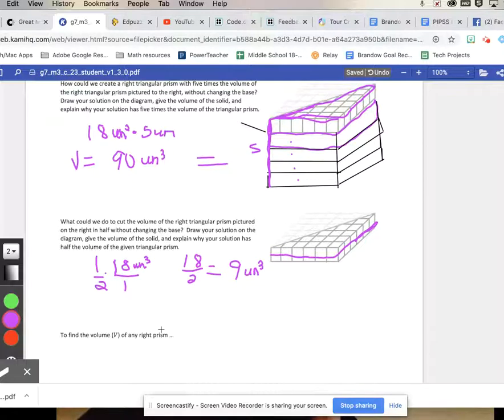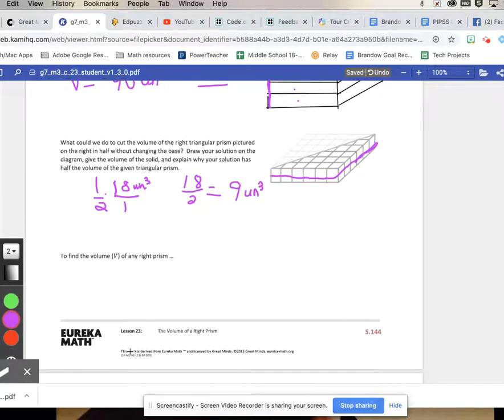Okay, to find the volume of any right prism, this is going to be a formula you're going to want to write down on your note card. Volume would be area of the base times the height.